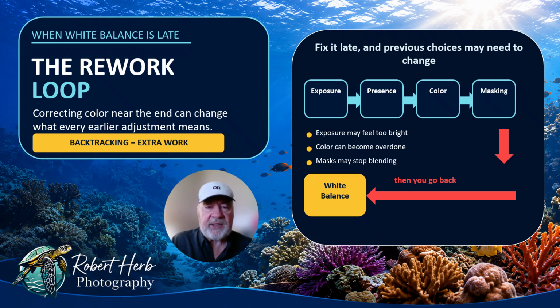A mask that seemed helpful a minute ago may no longer blend naturally. That is not because Lightroom failed. It is because the sequence worked against you. White balance does not need to make the image perfect, but it does need to create a believable foundation before you build the rest of the edit.